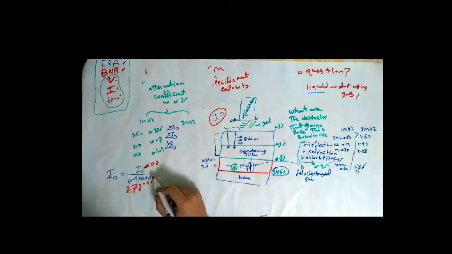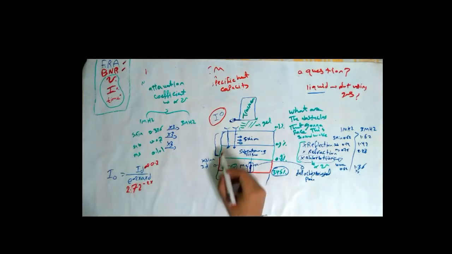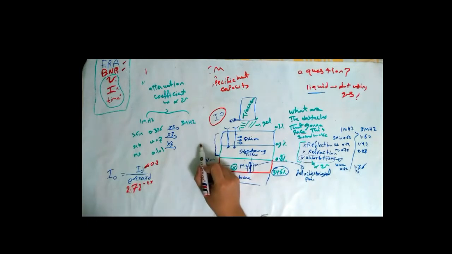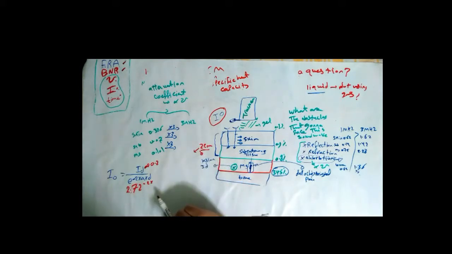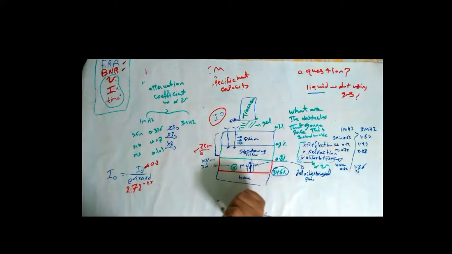So, for example, here the distance may be 2 centimeters. The 2 centimeters is formed by how much skin and how much subcutaneous tissue. And finally, I have to know the attenuation coefficient of these layers.